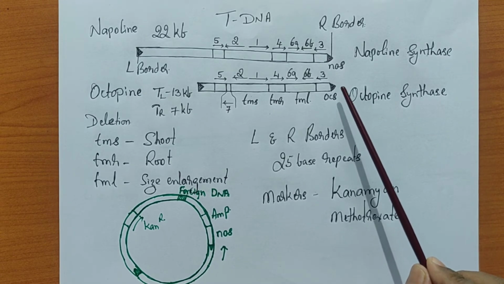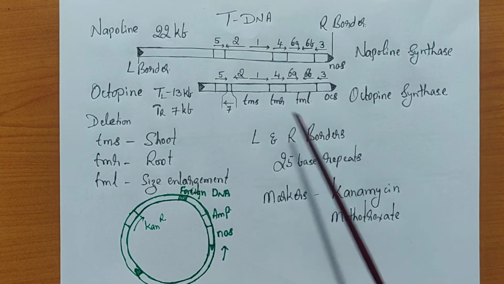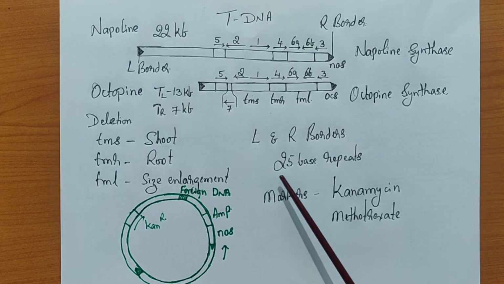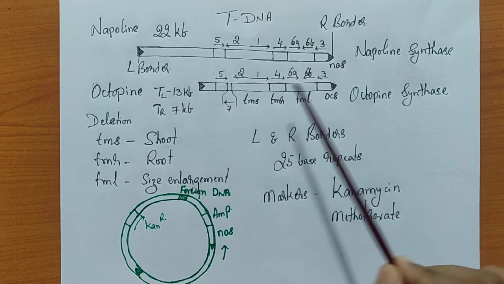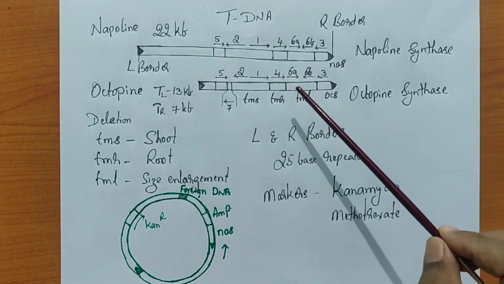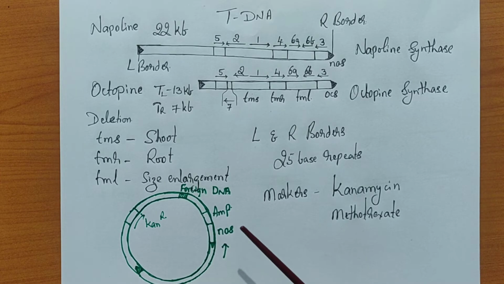Now this border sequence has been characterized quite well. They found out that it is a repetitive unit of around 25 bases. These 25 base units are being repeated here, and these repetitive regions are responsible for the integration of this tDNA into the host chromosome.